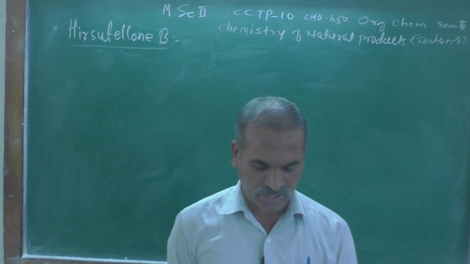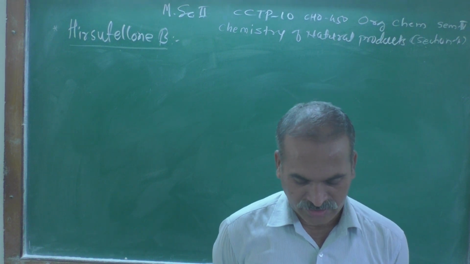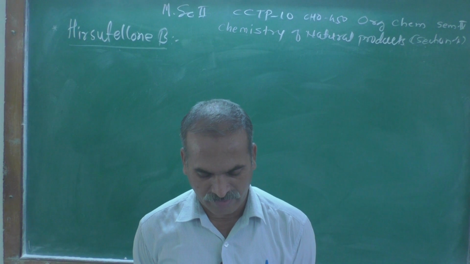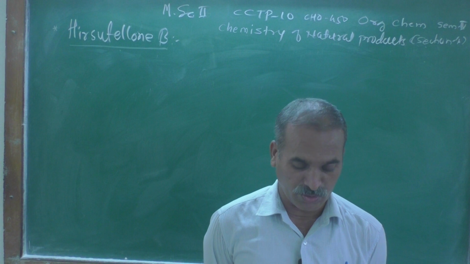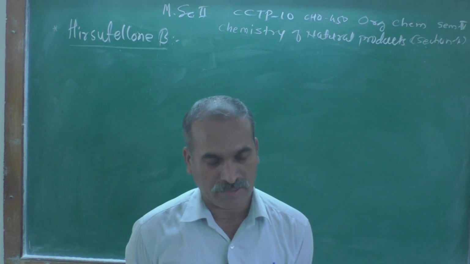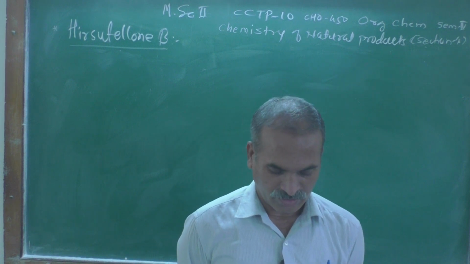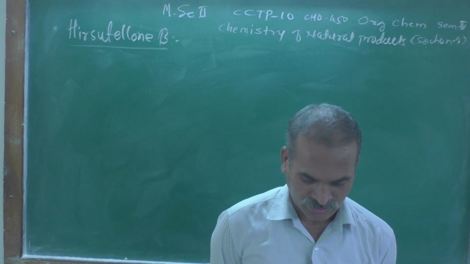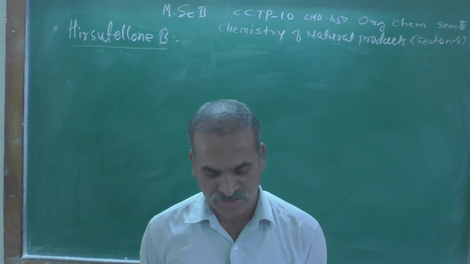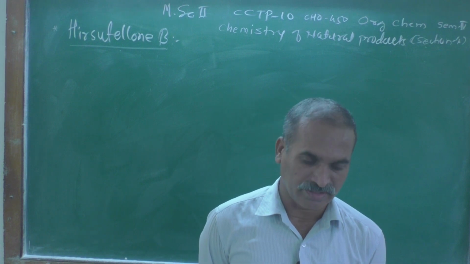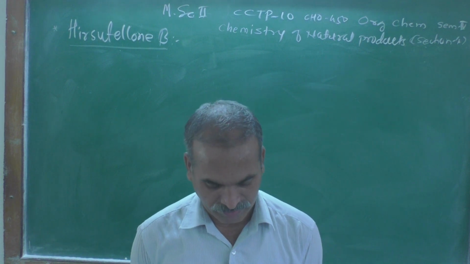Coupling of olefinic iodide 10 with the stannane TMS derivative 11 in the presence of CuTC. As we know the structure of CuTC, that is a thiophene moiety attached with the CO2Cu, led to cyclization precursor 6 in 70% yield. Structure 6 we already saw in our previous lecture.